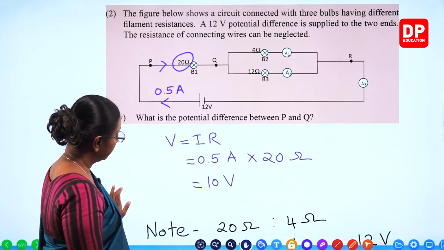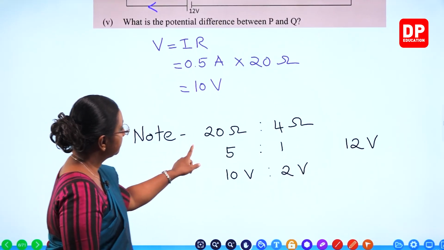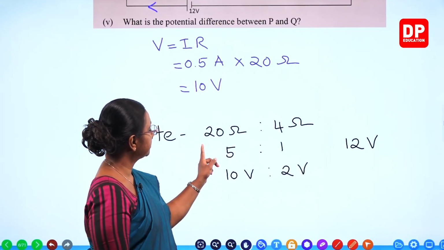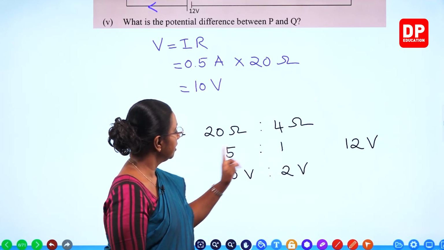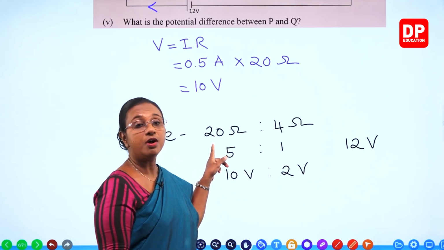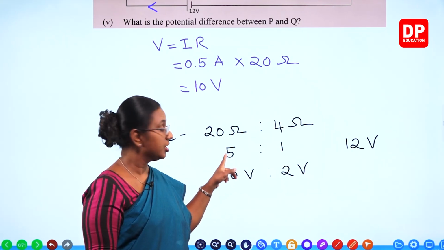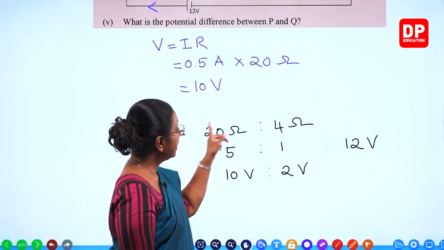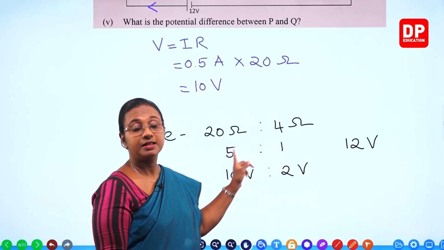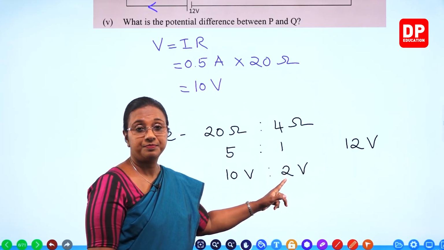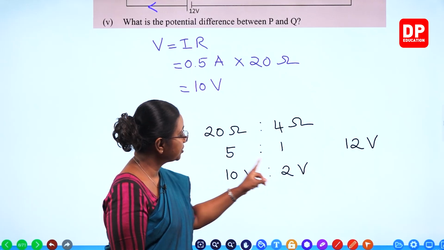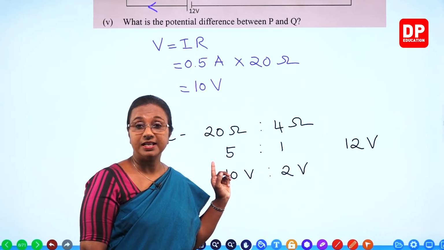Is that clear? So this is based on the resistance. Since the resistance is 5:1, more potential difference for higher resistance. Why? The current flow does not change through this resistor and this component. The current is the same. So because of that, the potential difference gets divided.